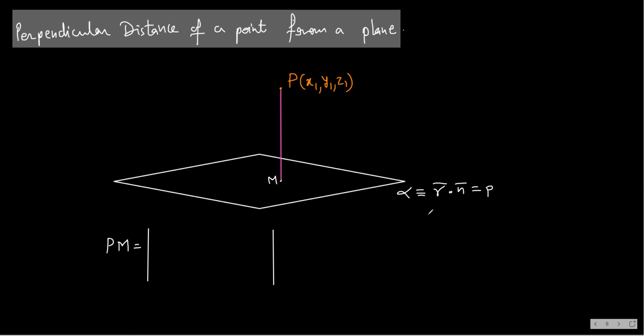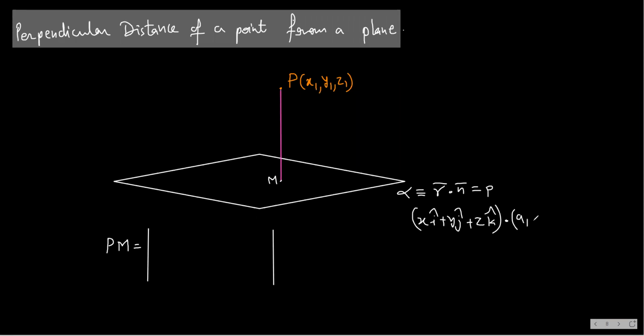So can I write r bar as x i cap plus y j cap plus z k cap? Yes. What is n bar? n bar is a vector perpendicular to the plane. So can I write n bar using its components?